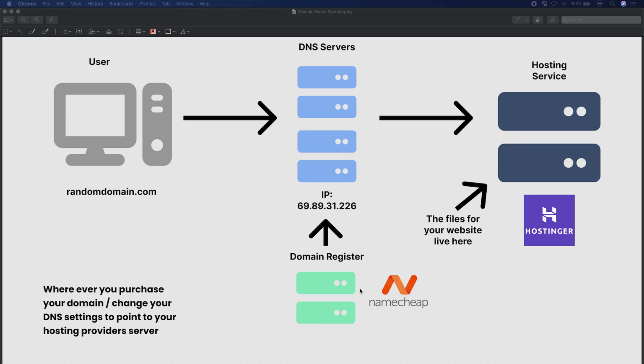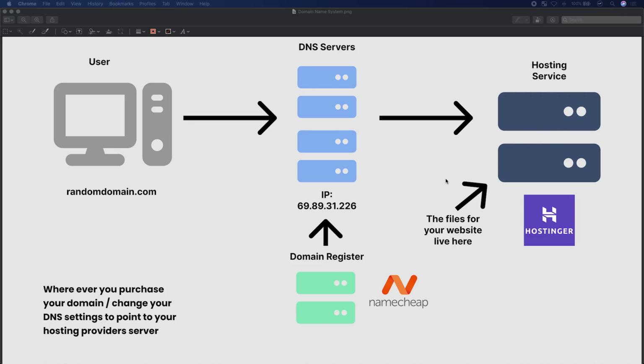Sometimes the domain registrars also provide the hosting services. However, there are oftentimes many scenarios where the domain name is purchased in one place and the website is going to be hosted in another place, okay?